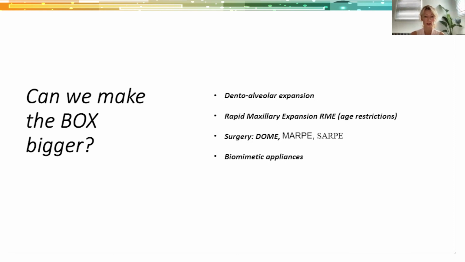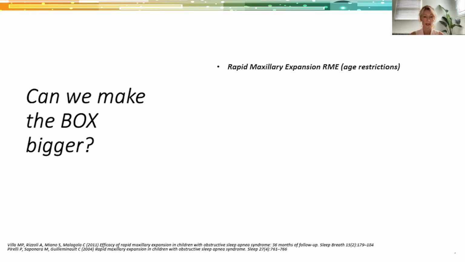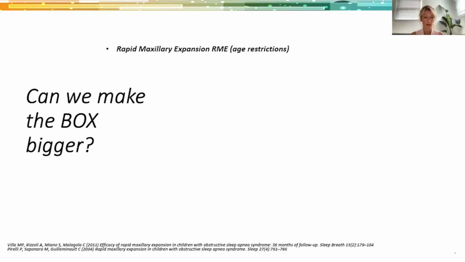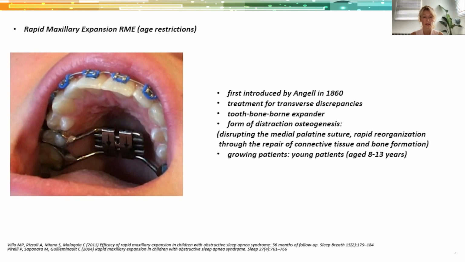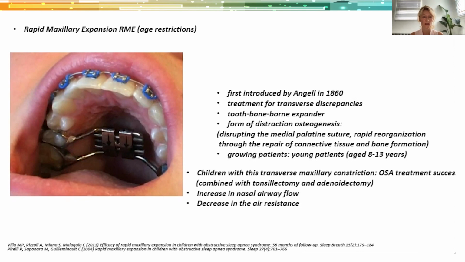Now, in terms of different types of expansion, rapid maxillary expansion in kids has actually proven to be beneficial for expanding the palate, increasing the nasal cavity volume, and decreasing the air resistance through the nasal cavity. So that is very beneficial. Unfortunately, there's an age restriction.